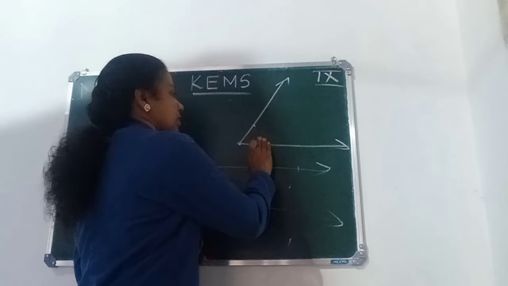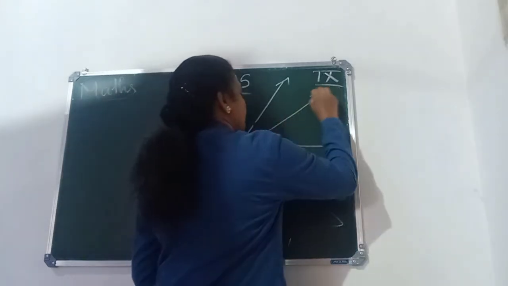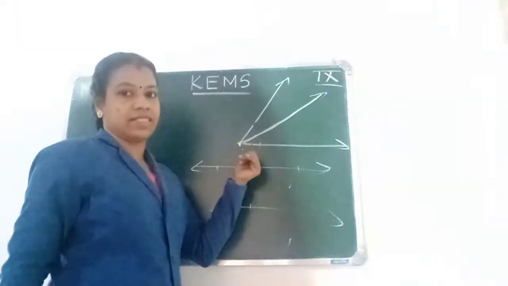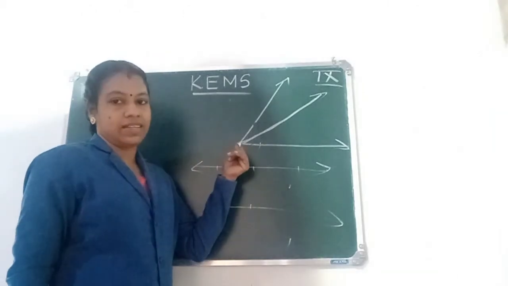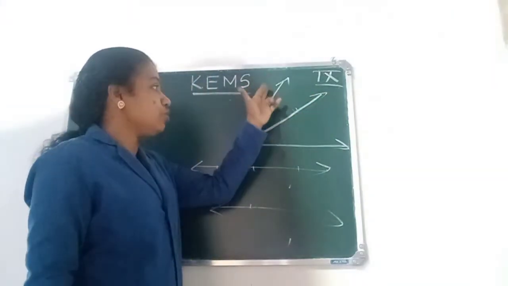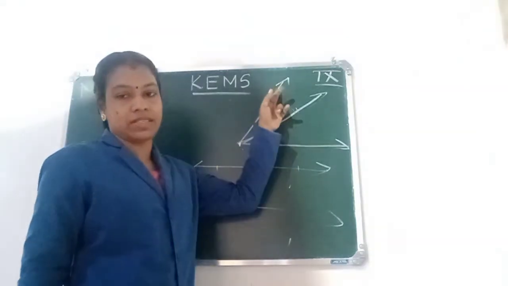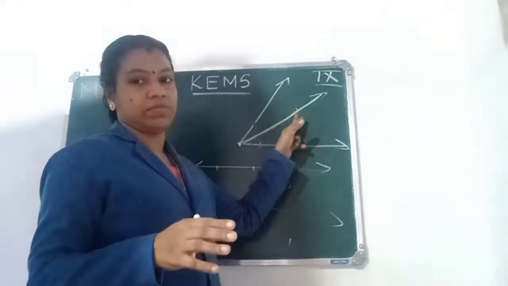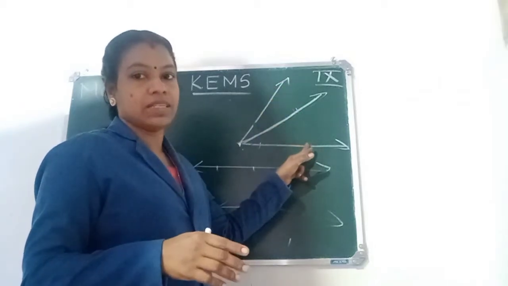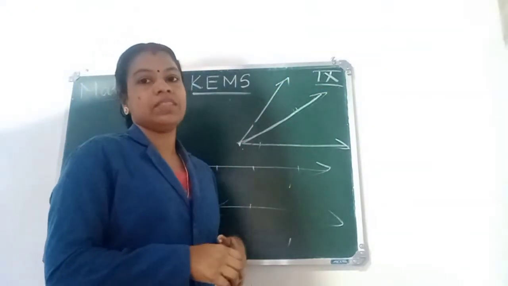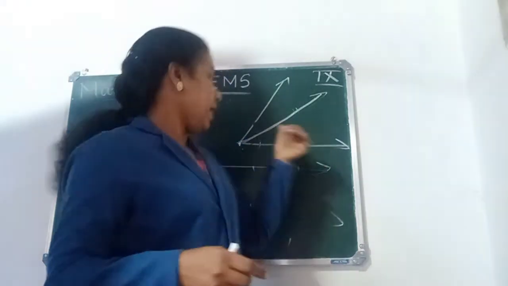So, the angles have a common vertex. This is the common vertex, and this is the common arm. The two non-common arms lie on different sides of the common arm.